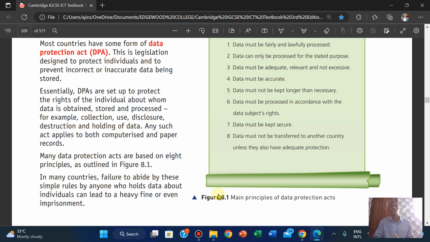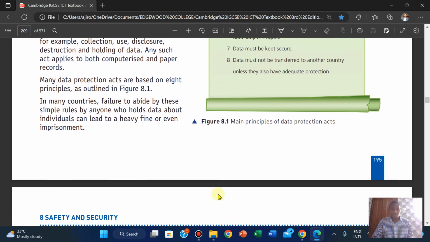That is the Data Protection Act. We have to go to bed knowing that our information on your social media or platforms is safe, and that not everybody can just dive in and get personal, sensitive data that is not meant for the public. That's the whole essence of it.